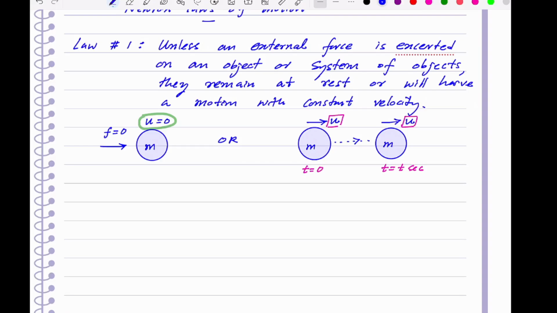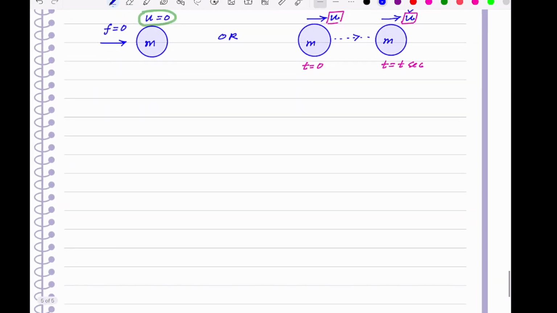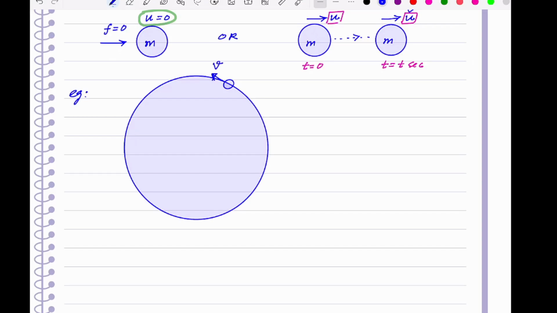I'll show you one example where we see this all the time in VCE physics. You know circular motion. Think about circular motion. Example: this mass is circulating with speed v.